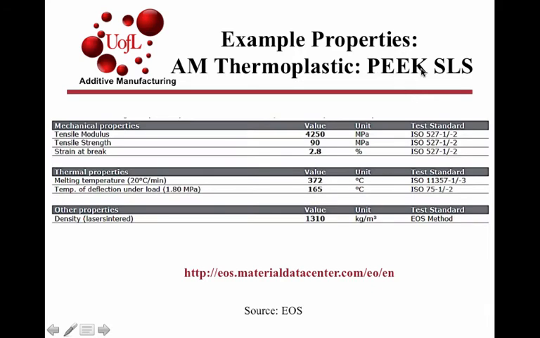In contrast, PEEK was one of the materials that we saw in the first part of lecture 1. Its strength is more than twice what you typically see with some of the other polymers such as nylon, 90 megapascals. This is from EOS as one of the sources of this material. It was processed in a particulate form by selective laser sintering.